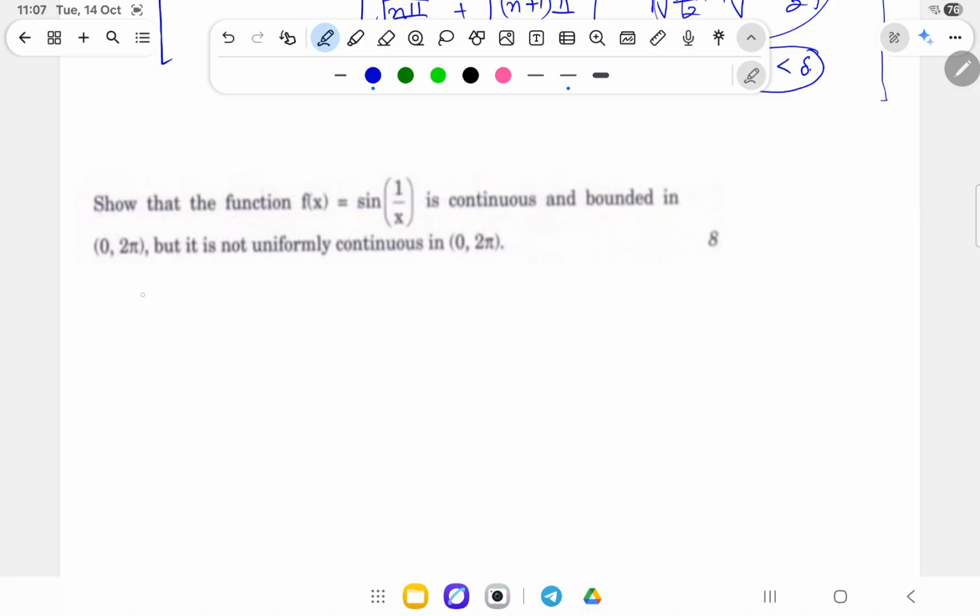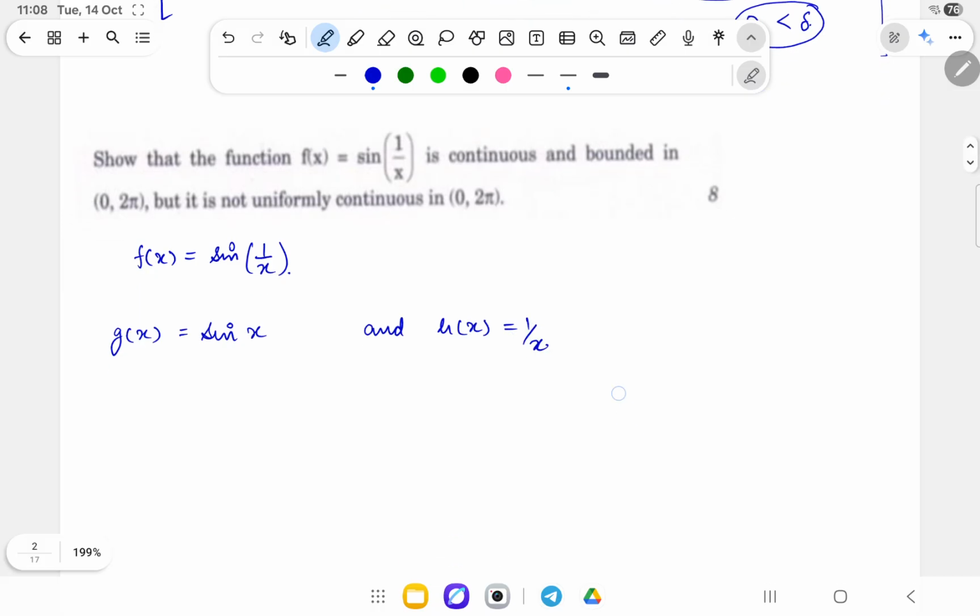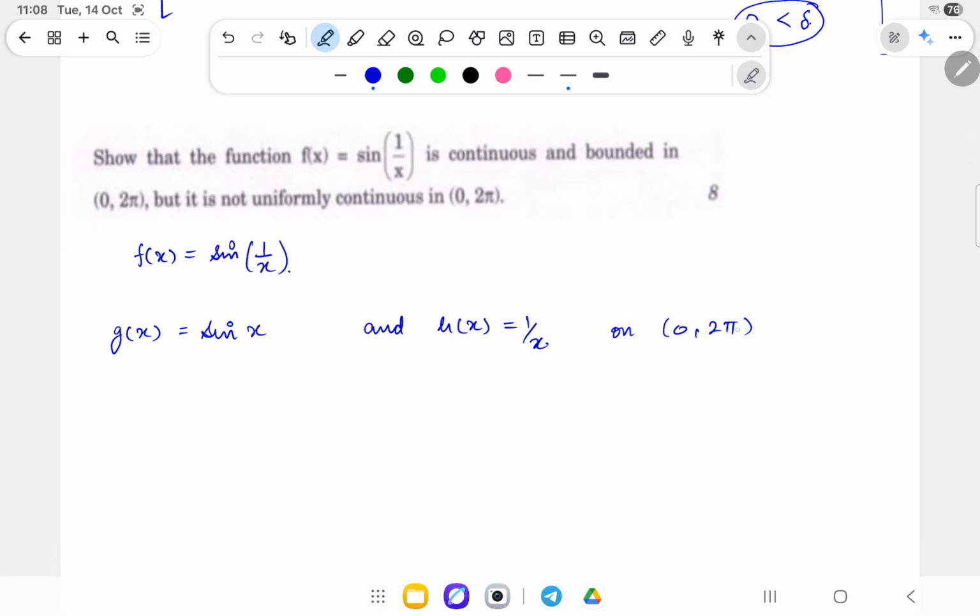In order to prove its continuity, the given function is f(x) equals sine of 1 by x. Now if you observe, it is basically a composition of two functions. Let's say g(x) is sin x and h(x) is 1 by x, and both these functions are defined on the interval (0, 2 pi), because that is the domain of function f(x).